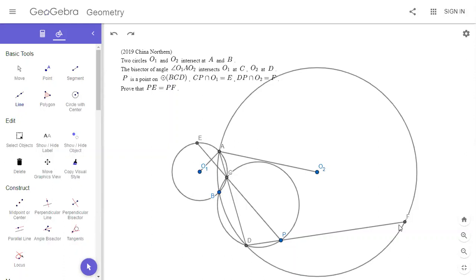Let's see. Yeah, I thought it would be an easy angle chase, but maybe it's harder than that.